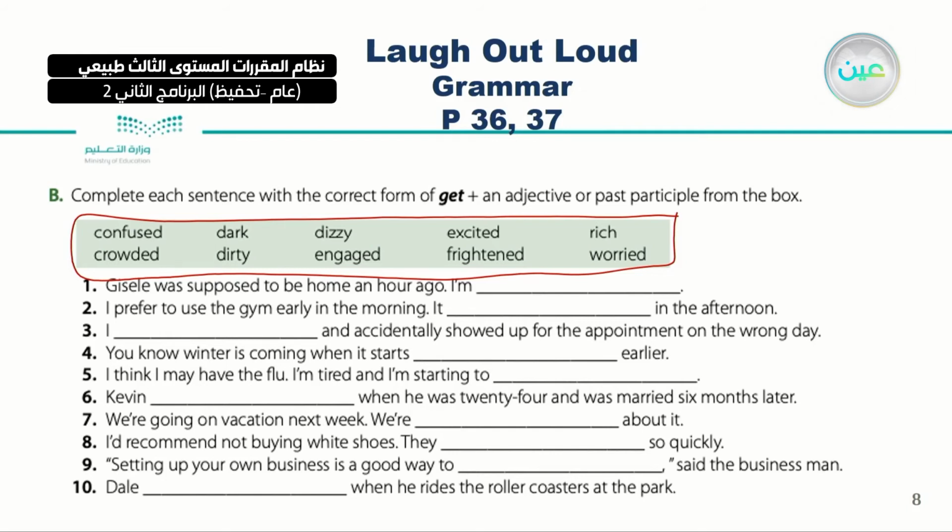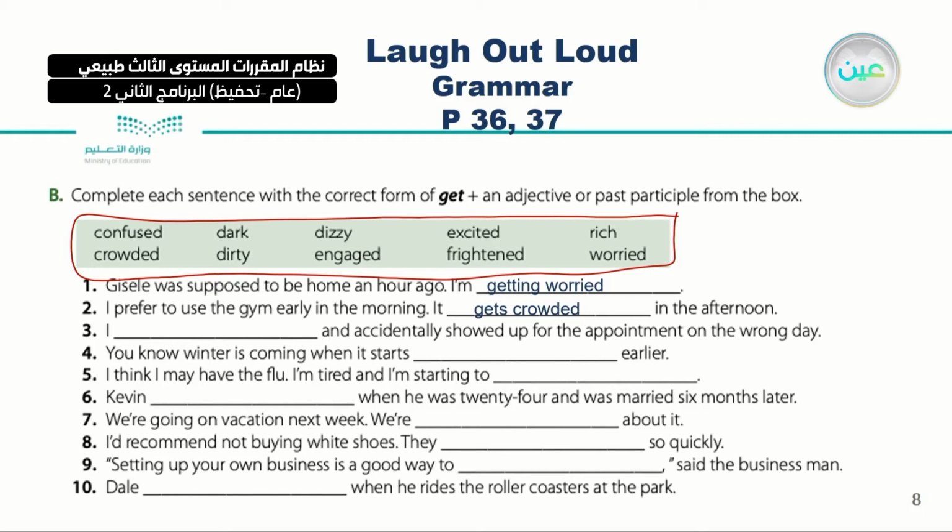Let's start. Number 1: Gisli was supposed to be home an hour ago. I am... Now he's talking about what? I am getting worried. Now talking about being worried about something. Number 2: I prefer to use the gym early in the morning. Why? It gets crowded in the afternoon, and this is a fact also.